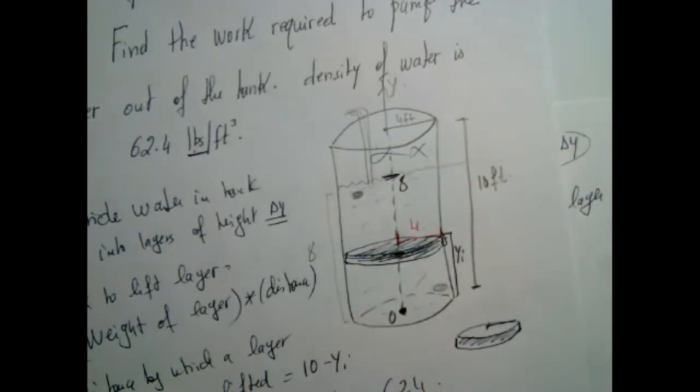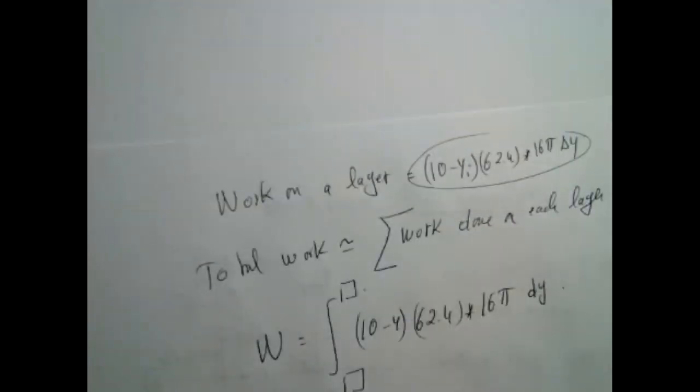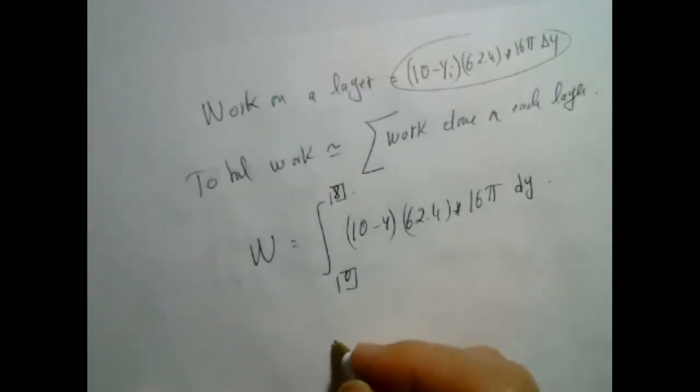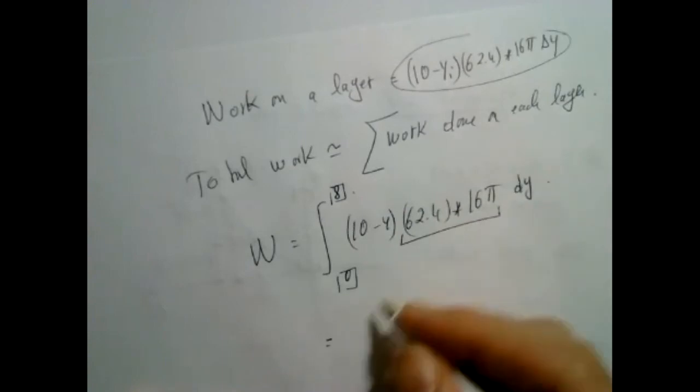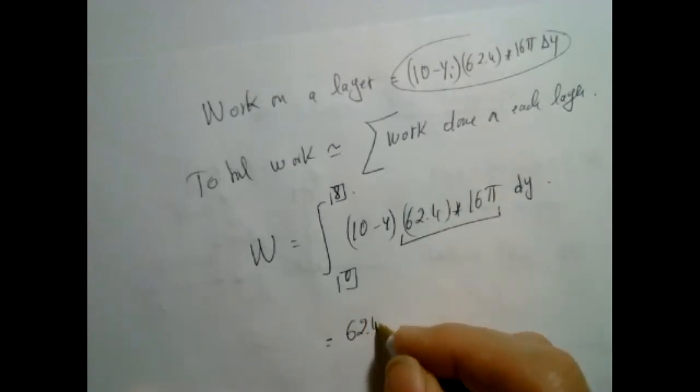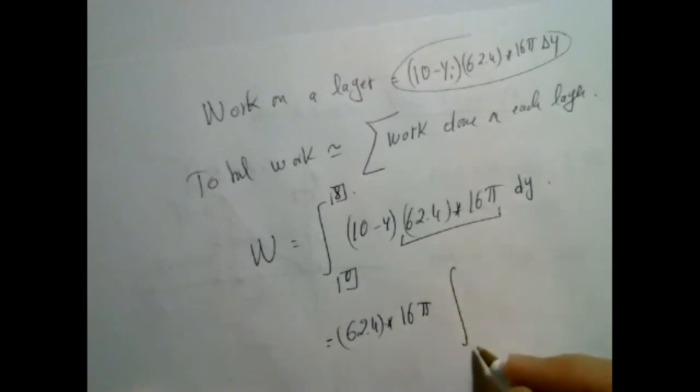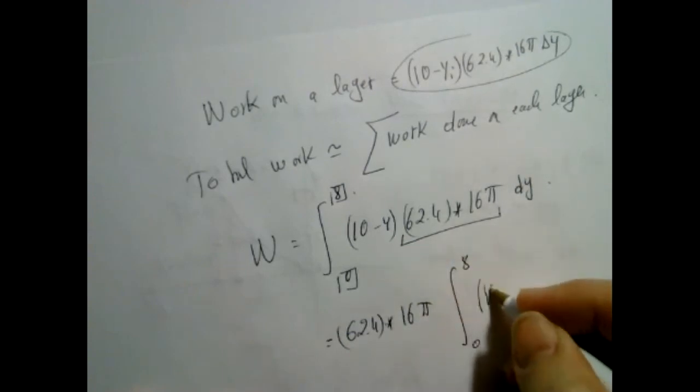And this was 8. So it's the integral from 0 to 8. The rest is simple. You first take those constants out. You don't keep dragging them. And then we will have this integral.